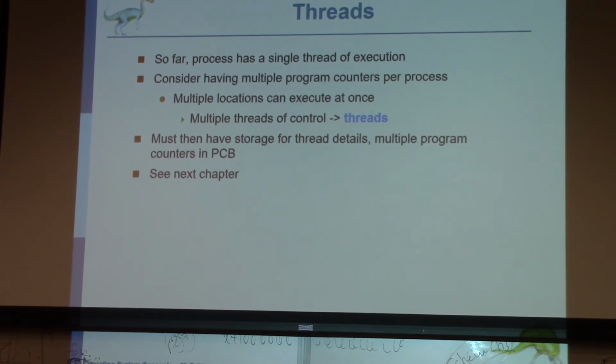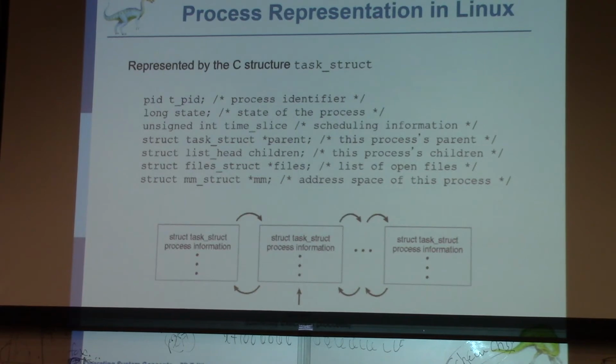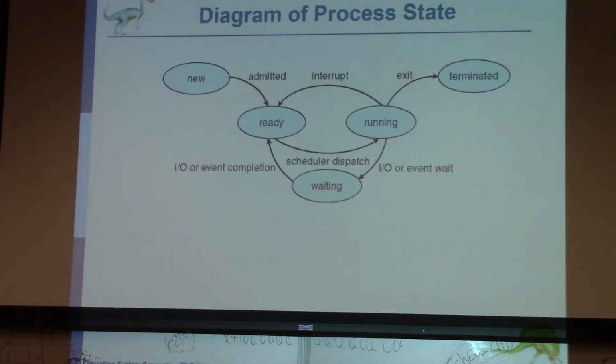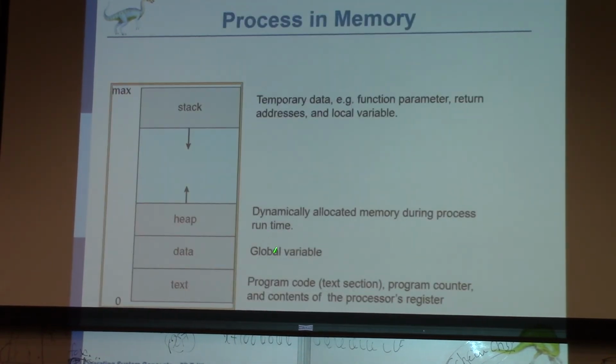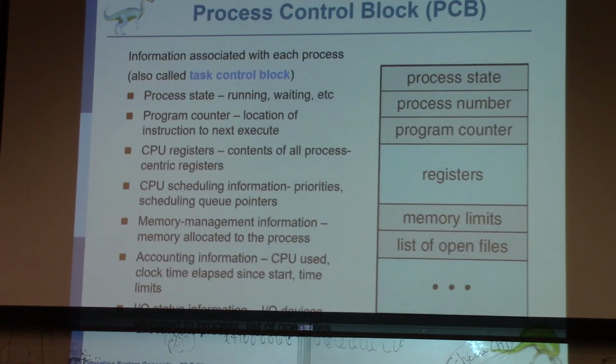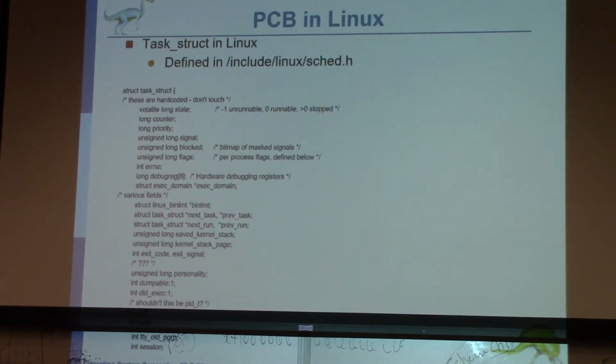We try to share as much as possible of the process data structure, for example the programming code, since Java code is the same. Global variables, if shared, share as much as possible. Then only the different part is allocated to memory, and that is called the thread. So threads can save memory space.